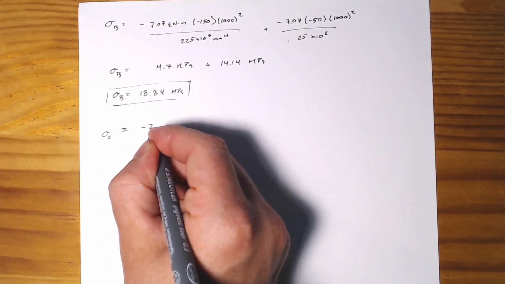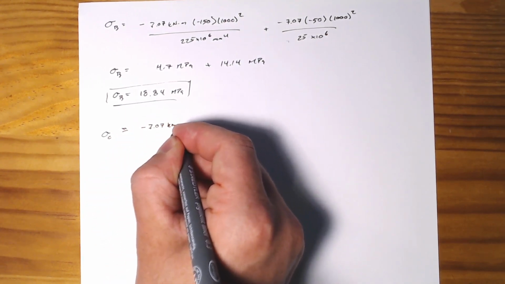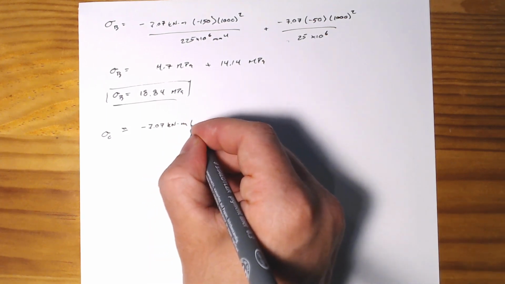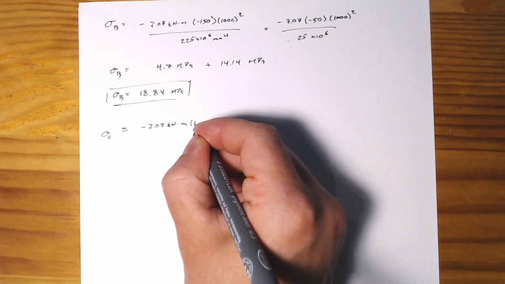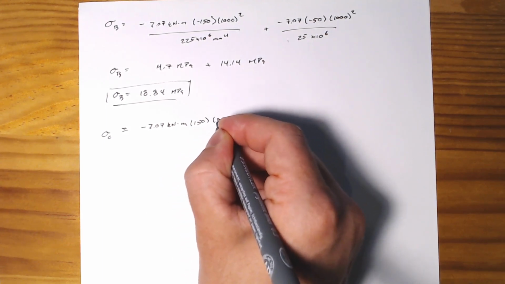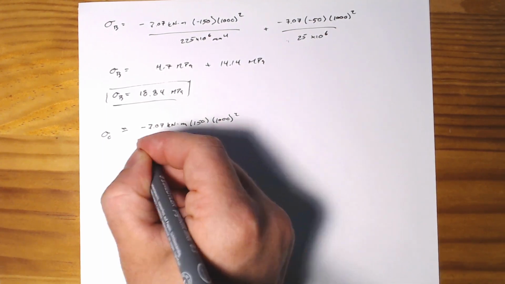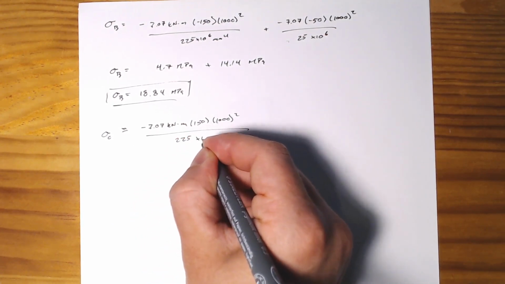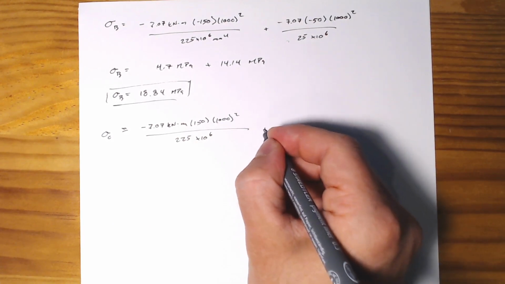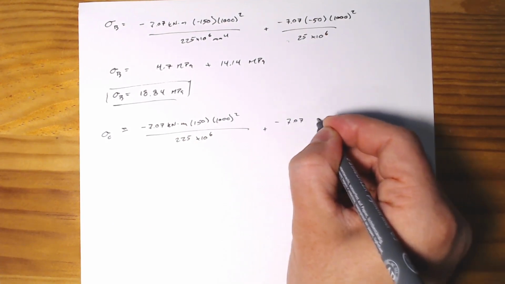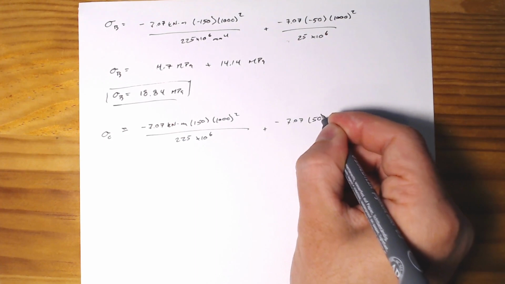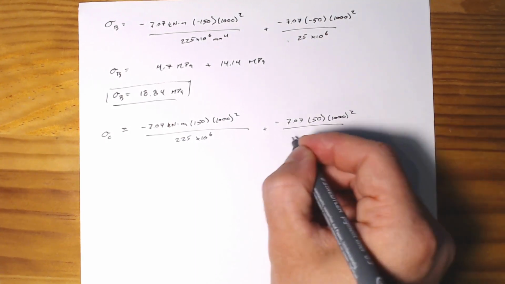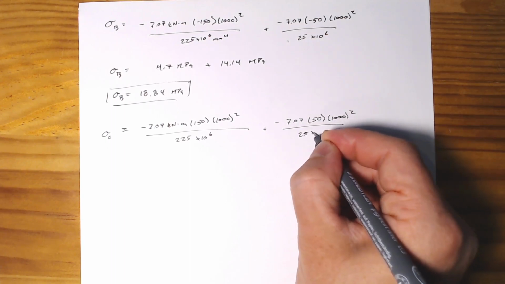So we have negative 7.07 kilonewton meters times 150 times 1,000 squared over 225 times 10 to the 6th, plus negative 7.07 times 50 times 1,000 squared over 25 times 10 to the 6th.